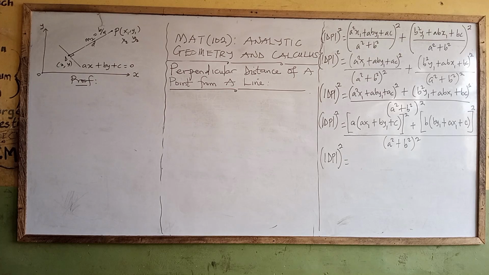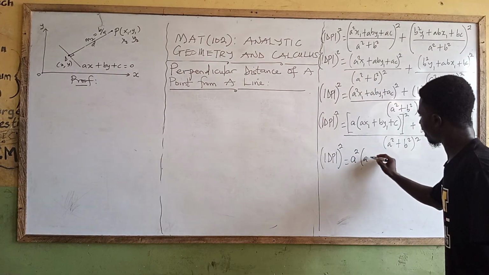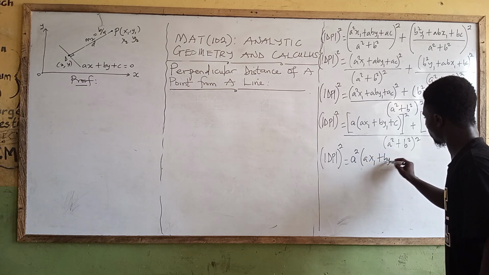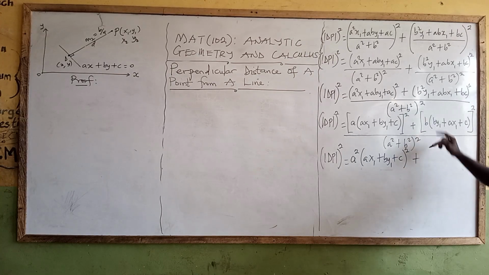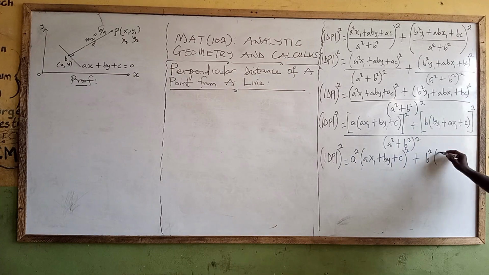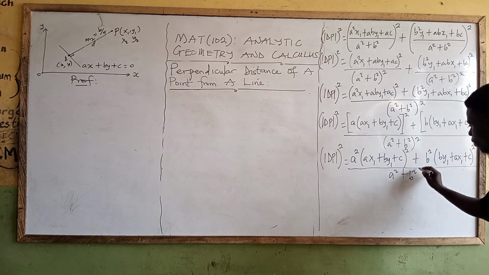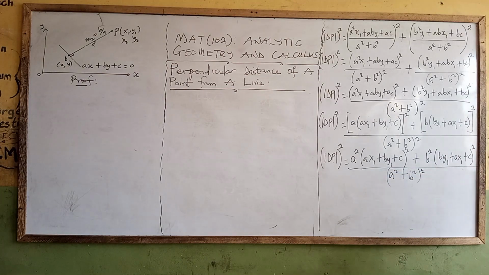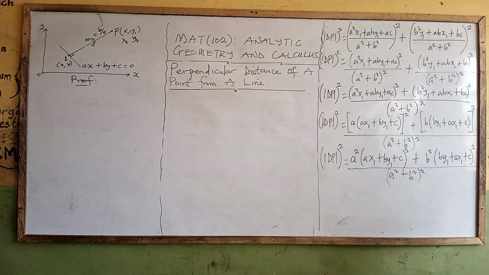All right. So now we can say that it's a squared, then I have a x1 plus b y1 plus c all squared, then plus we have b squared, then b y1 plus a x1 plus c all squared divided by a squared plus b squared all squared. Right. So we have this. Now we can say that this and that, they are the same, right?